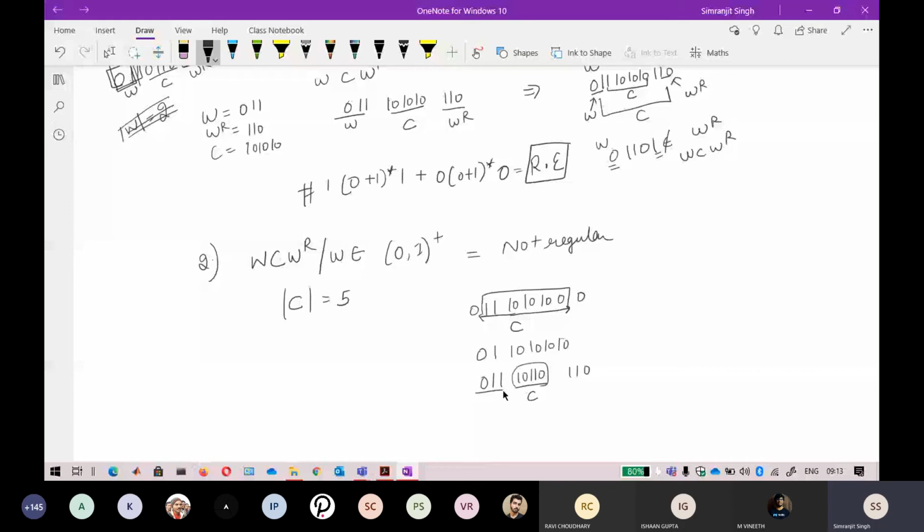So it means that you have to remember this W that you have seen, and you have to remember that you have to see a reversal of this W. So if I see 0 1 1, I have to again see 1 1 0, only then I can go to the final state. That is why, because the length of C is fixed here, I cannot extend it to the end. That is why this is not a regular language in this particular case.